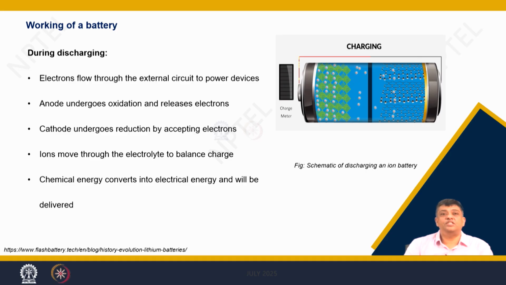The chemical energy converts to the form of electrical energy that flows through the external circuit. So, during charging, one electrode acts as the place where oxidation takes place and the other acts as the place where reduction takes place, and their roles are reversed during the discharging process.